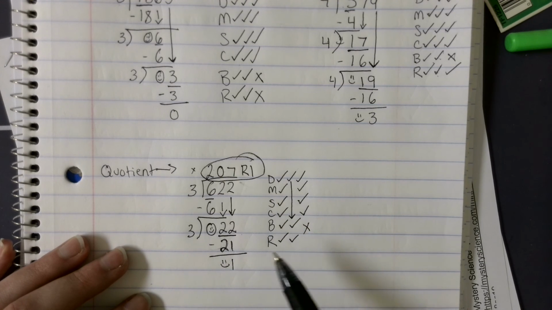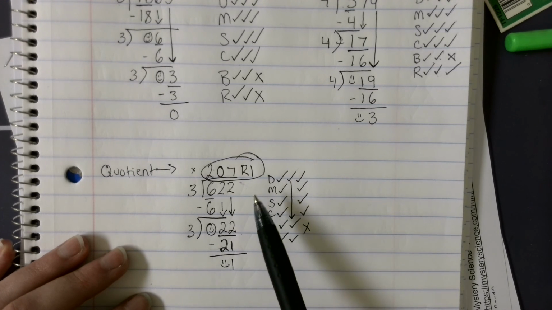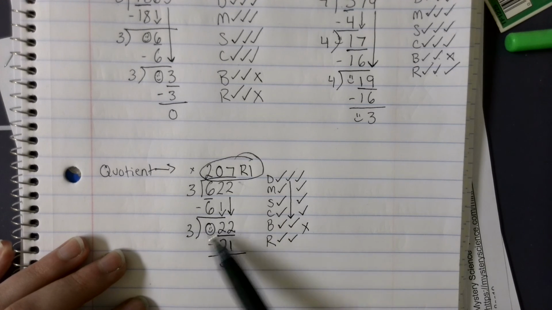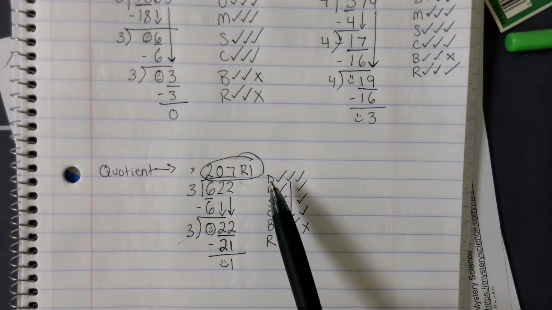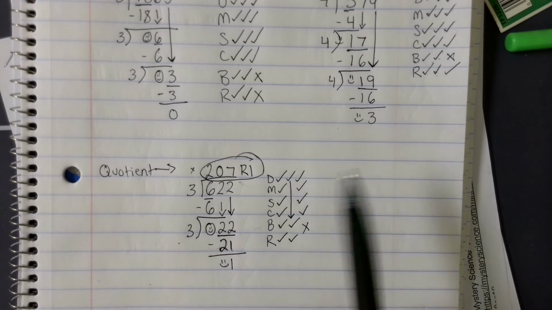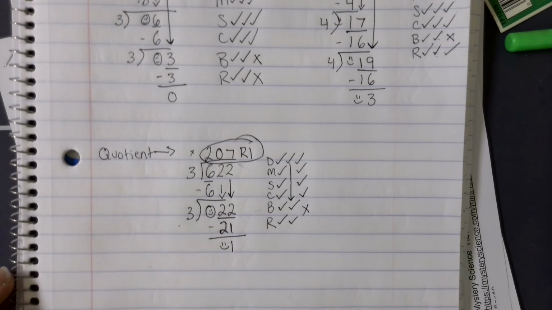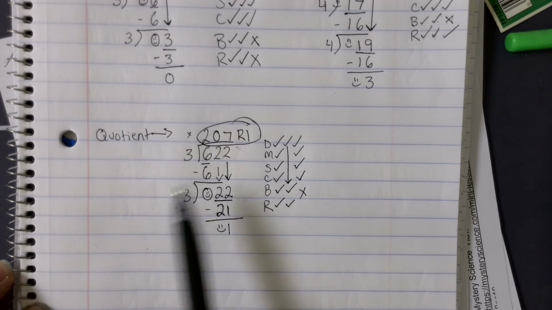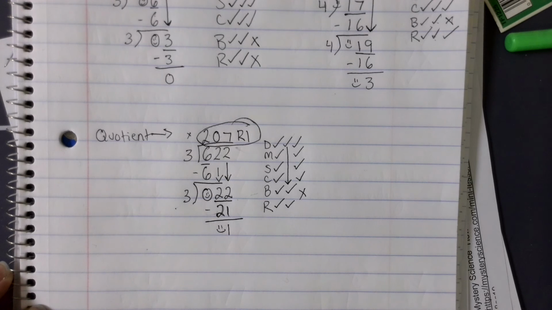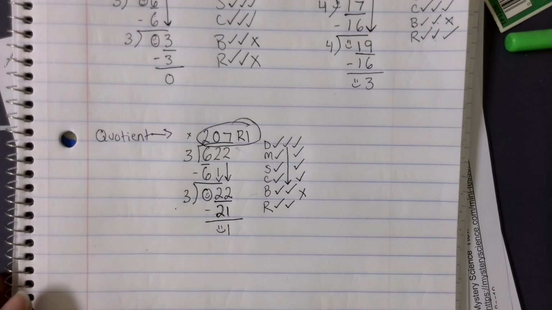The 0 does have to hold that spot because once we get into 22, then it's in the 1 spot that we're working at. So it's kind of like a little shortcut method whenever we have a possibility of having a 0 in our answer.